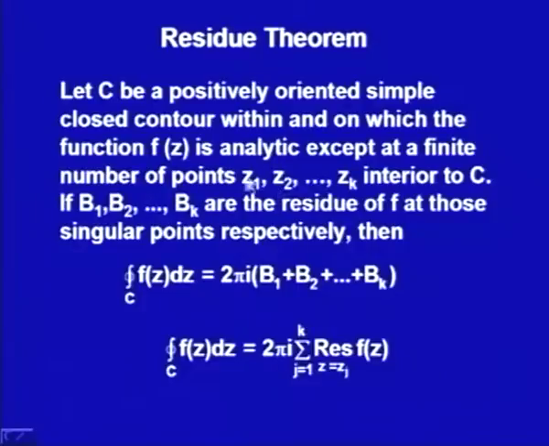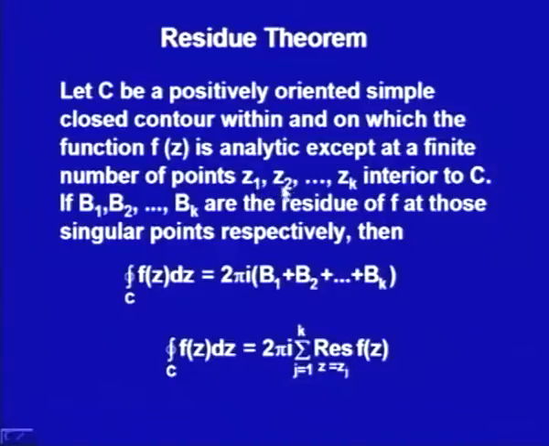Two things we have to discuss here. First, I said that there are a finite number of isolated singularities interior to C. What we said is that function f is analytic except at a finite number of singularities, and the singularities are isolated singularities.